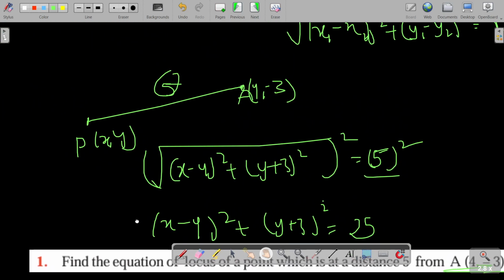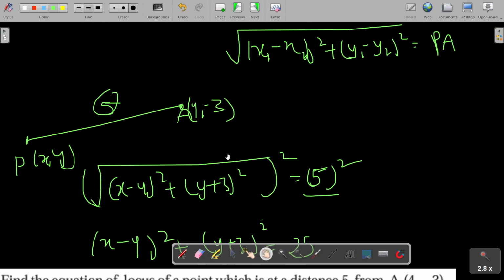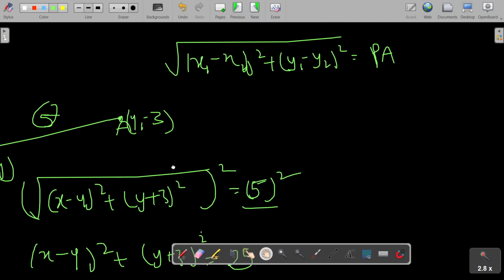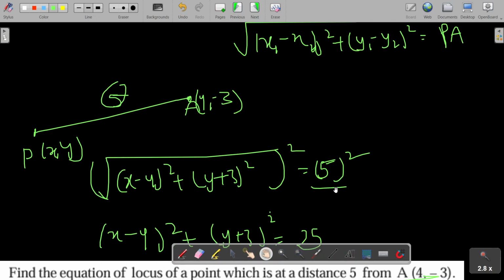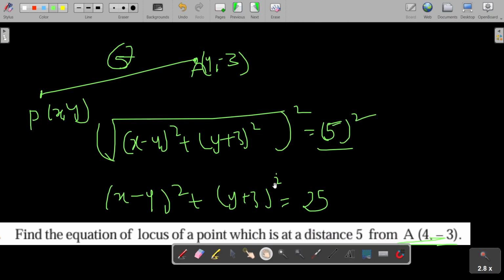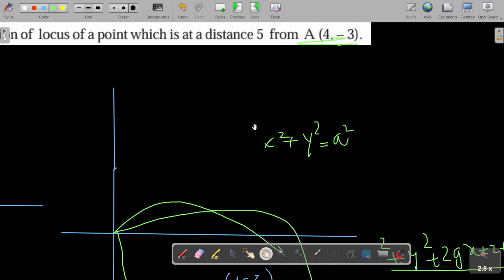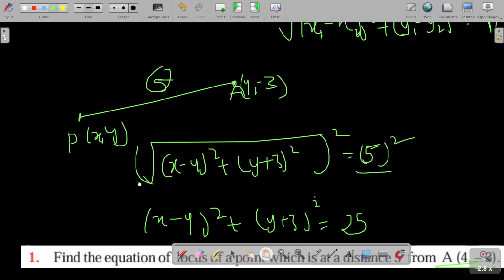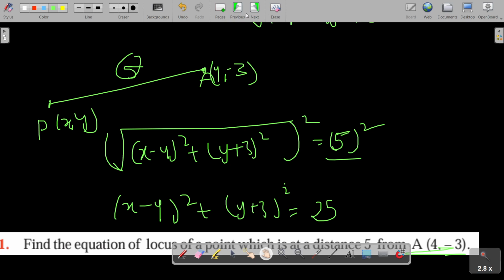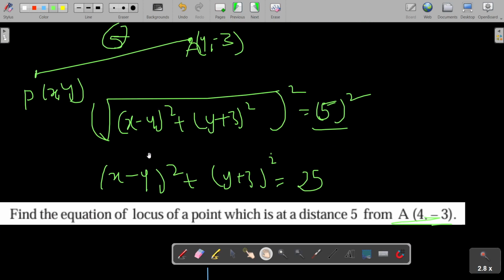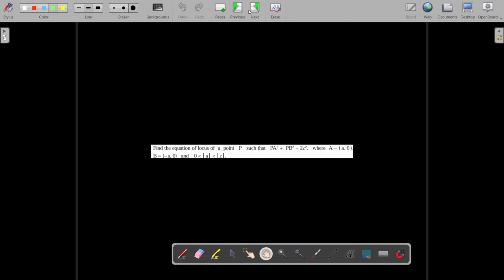So this is another method, using simple terms. I wanted to tell this method first and then go to the other method. So basically the solution for this problem is this. Let's move on to the next problem.